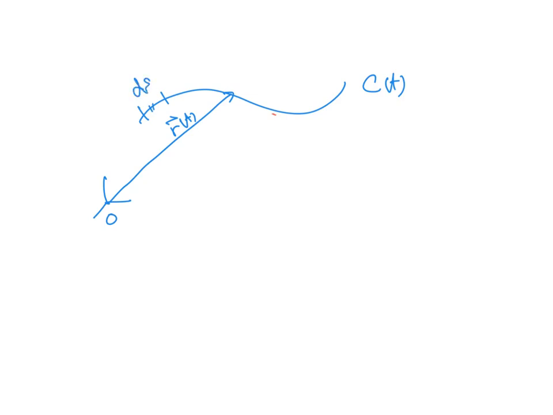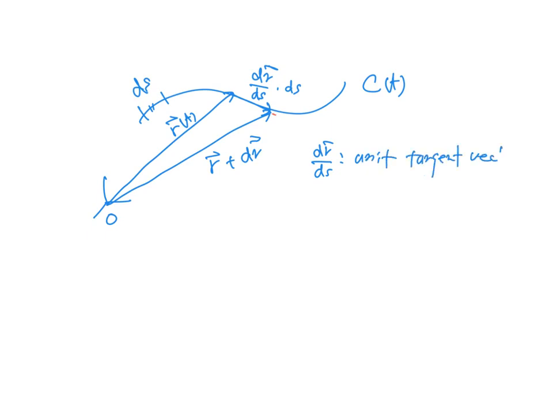So ds is a length along this curve. Then this is delta s, dr, ds. dr/ds is a unit tangent vector to the curve C.